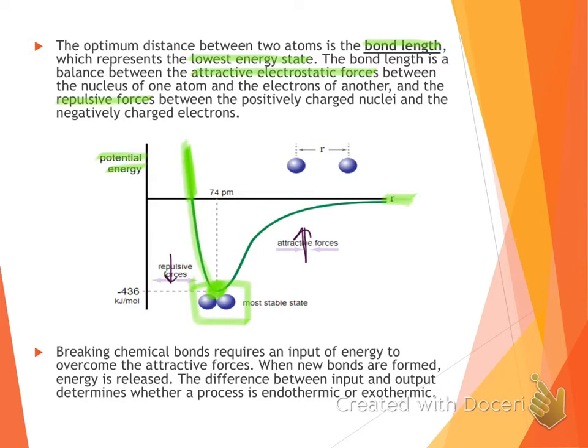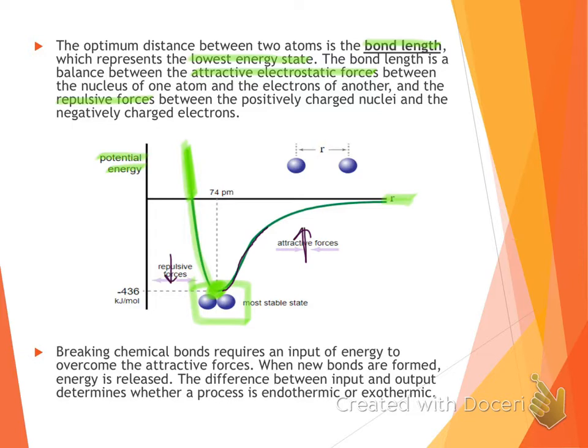As we continue to move those atoms further and further apart, that potential energy is going to increase again because we are decreasing the attractive forces as the atoms get further apart. We're going to be looking at the energies involved in breaking chemical bonds and forming new chemical bonds.